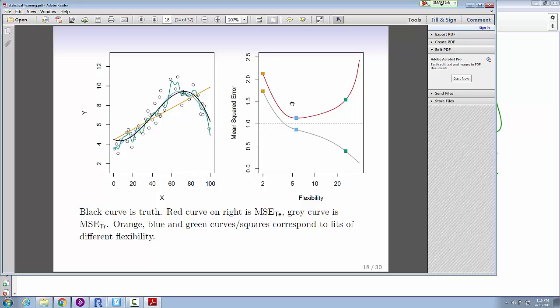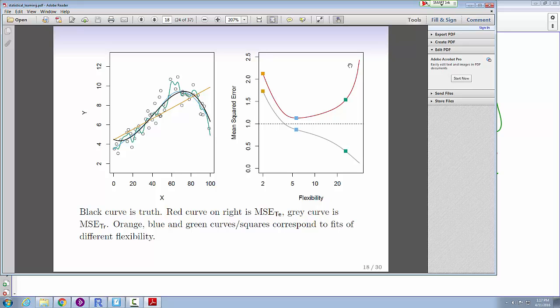So what are these two different curves? The gray curve is the training error, the mean squared error on the training data. As you go from less to more flexible, you get better and better at modeling the training data, to the extreme that if you interpolated, you'd have 0 mean squared error on the training data.